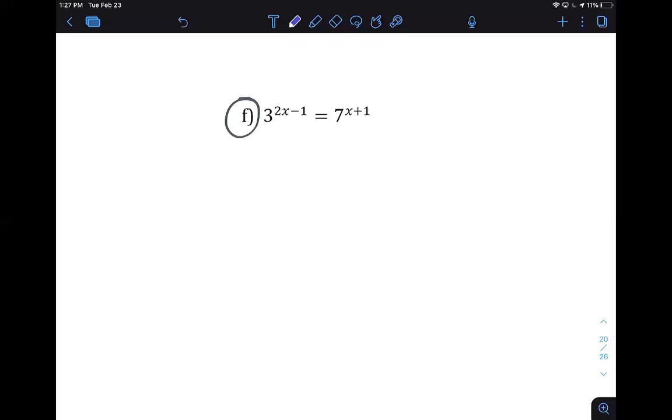Since our bases are not the same, you have to take the logarithm on both sides. So this kind of depends. You can either do the natural log or the common log. It's going to really depend on how it asks for it in the question, but they're interchangeable. Okay, so let's do natural log. So we're going to take the natural log of both sides.